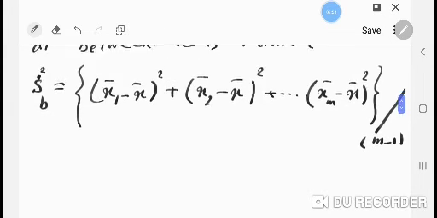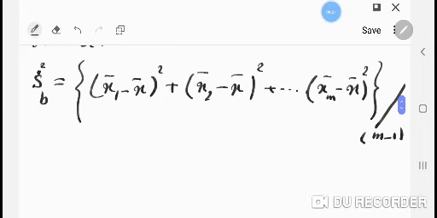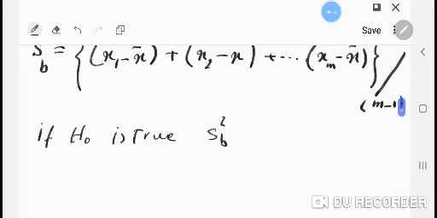If the null hypothesis is true, if H0 is true, SB2 is an estimate for sigma 2 per n, the average of the variance of the population, with m minus 1 degrees of freedom.